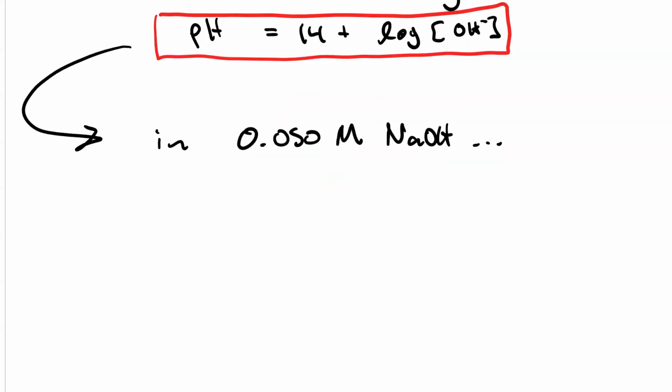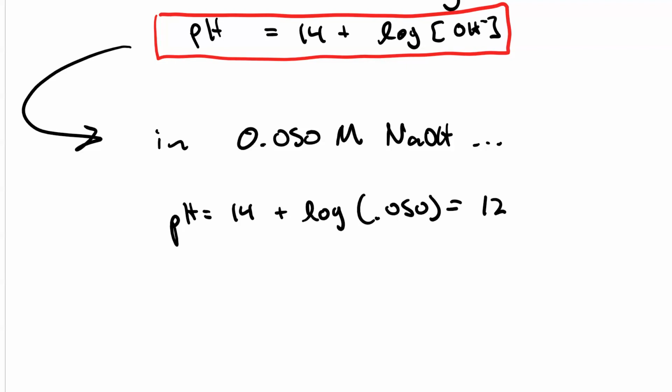Back to the situation we had earlier with 0.050 molar sodium hydroxide, we go pH equals 14 plus the logarithm of 0.050, which gives us 12.70.